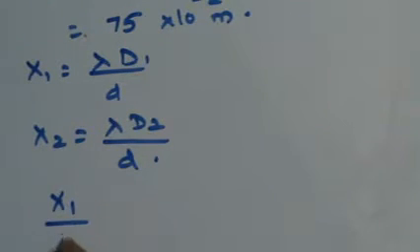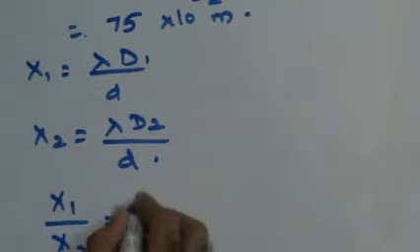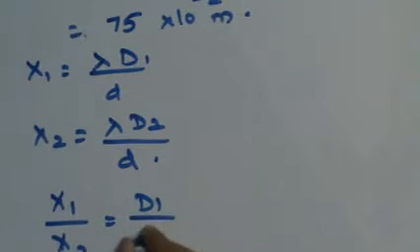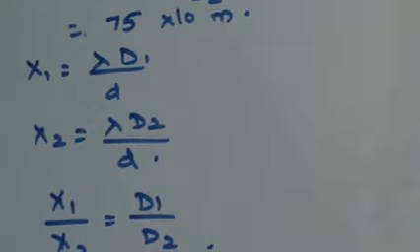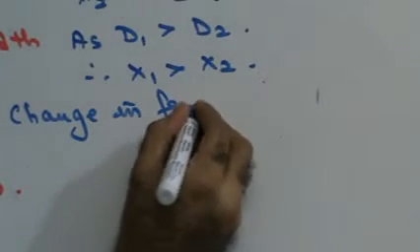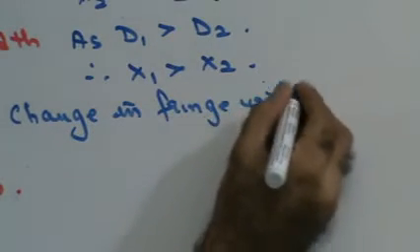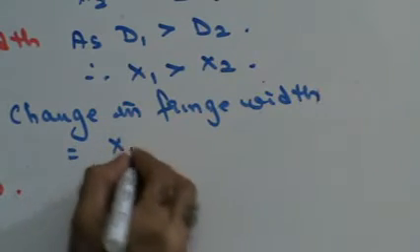So I get X1 upon X2 is going to be nothing but D1 upon D2. Substitute and you will get the new fringe width. But they have asked you the change in fringe width. Now as D1 is greater than D2, therefore X1 will be greater than X2, therefore change in fringe width is going to be X1 minus X2, right?